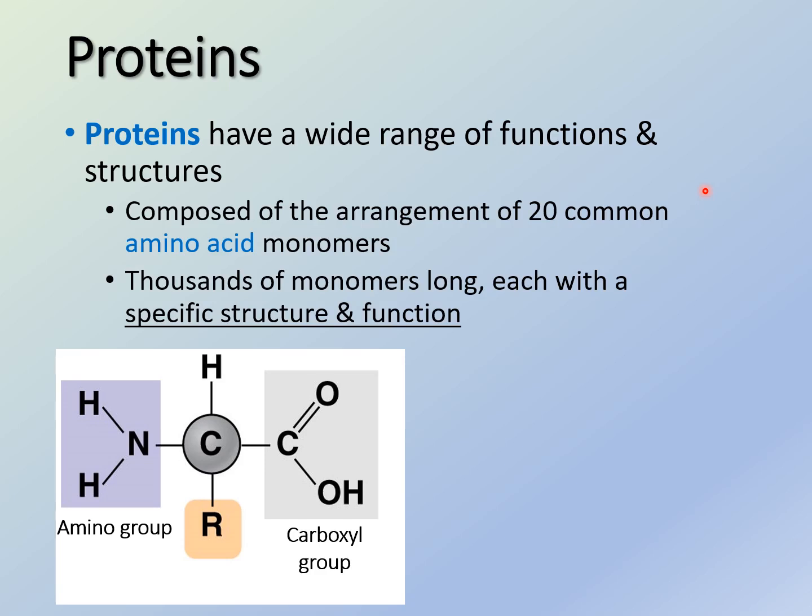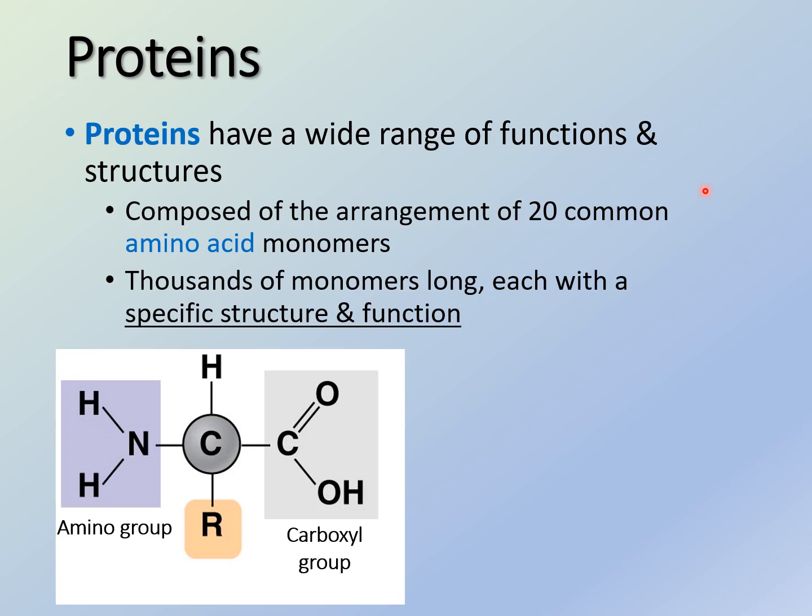So now another group of organic compounds are proteins. So proteins have a huge range of function and structure, okay? But the common thing of all proteins is that they are composed of amino acids. So amino acids are the monomers, just like we talked about glucose being a monomer of a starch polymer.